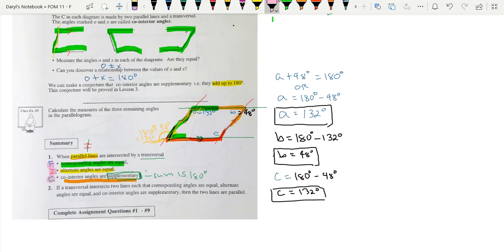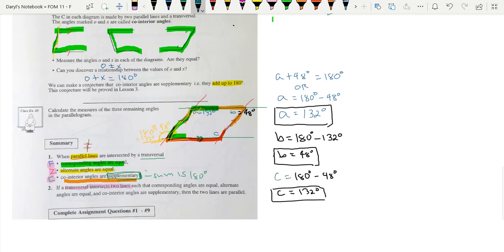If a transversal intersects two lines, so again, in the second statement, you're just given a transversal line that intersects two lines. So at the start, you don't know if these two lines are parallel.